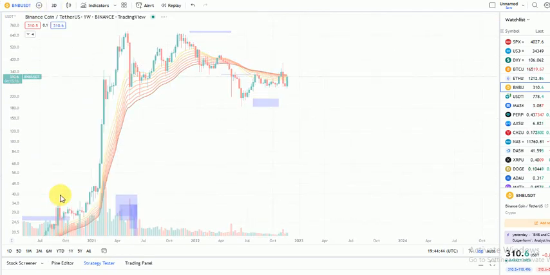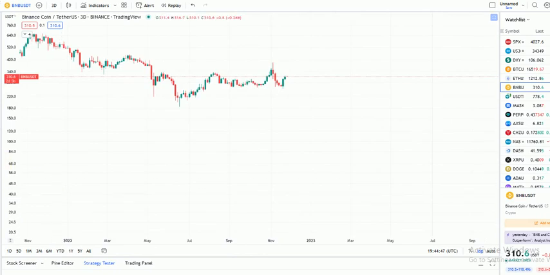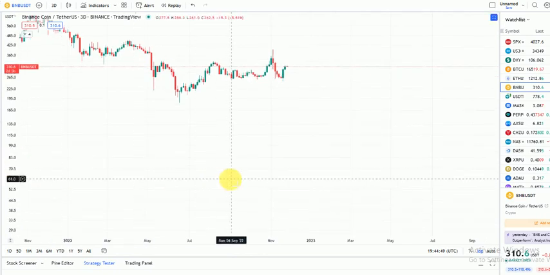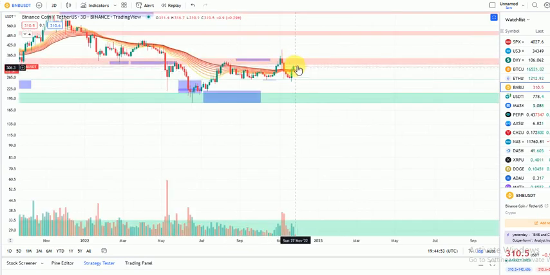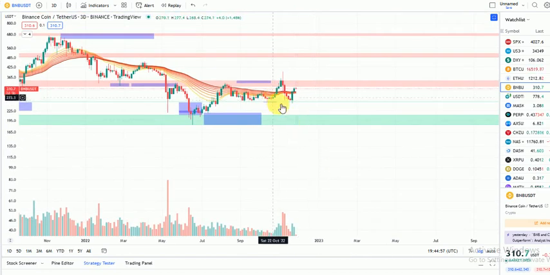If we push over to the 3 days time frame, as you can see, the 3 days time frame gives us a hint as to what we should expect. As you can see, we're already hitting resistance on the BNB price chart.